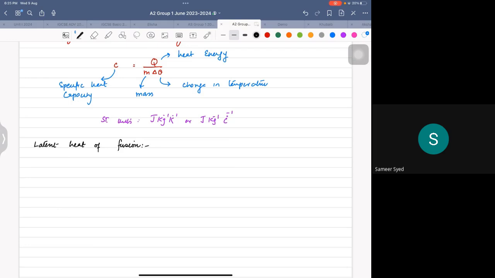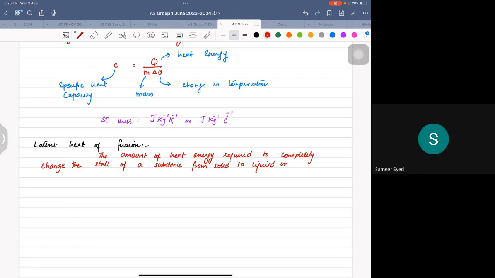For latent heat of fusion, we got to know it is the amount of heat energy required to completely change the state of a substance from solid to liquid or vice versa.